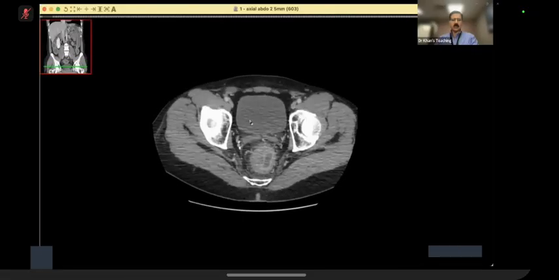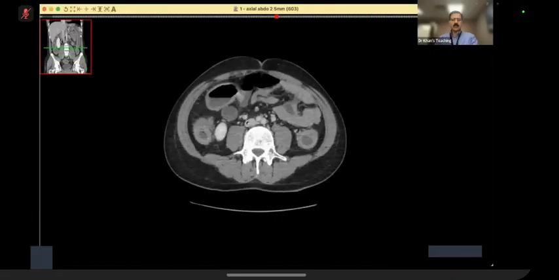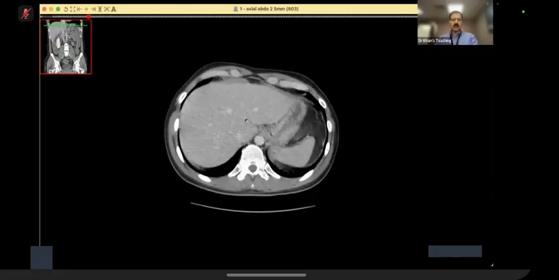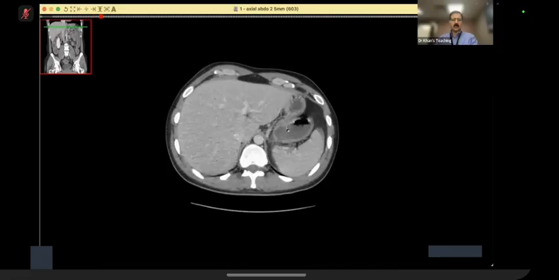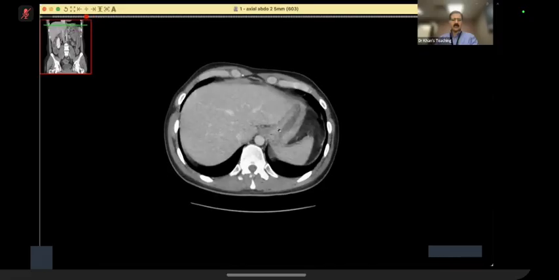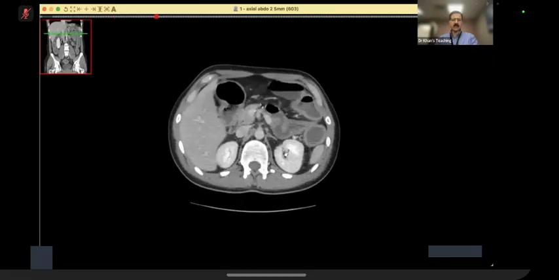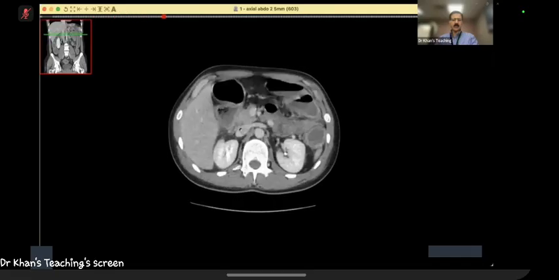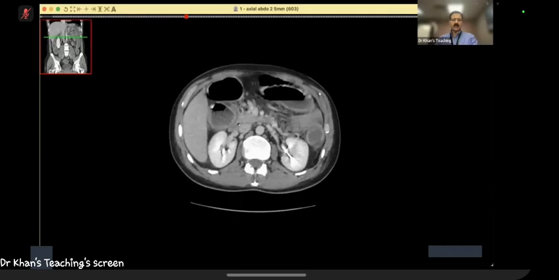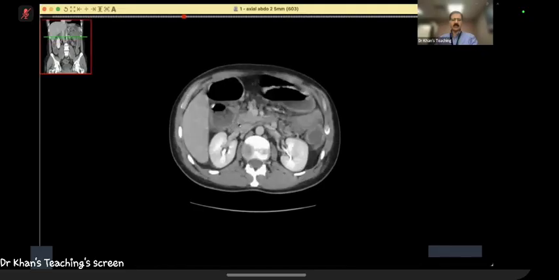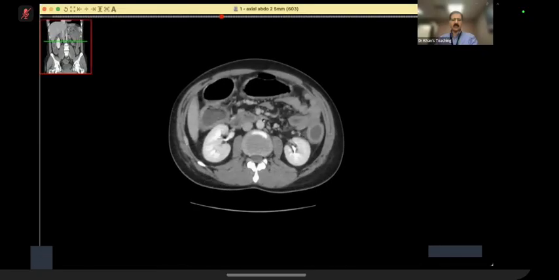And all of these findings were more or less confirmed on the CT scan. Now, please remember that the protocol to look at the bowel is that you have to concentrate from one end or the other end, and this is the stomach. We can see the stomach here, and then we can see the duodenum here. This is the D3. This is the pancreatic head, and this is, correction, the D2, and this is the D3.